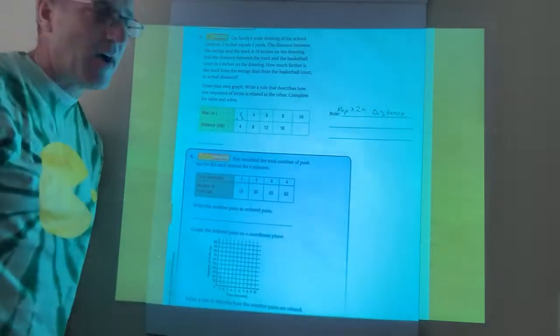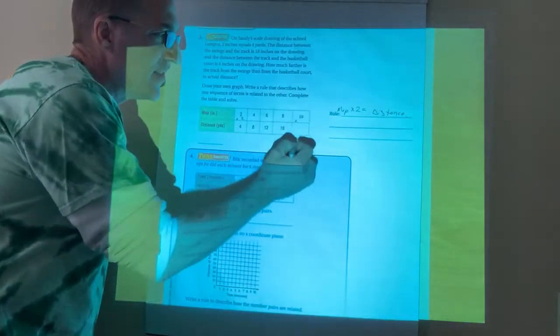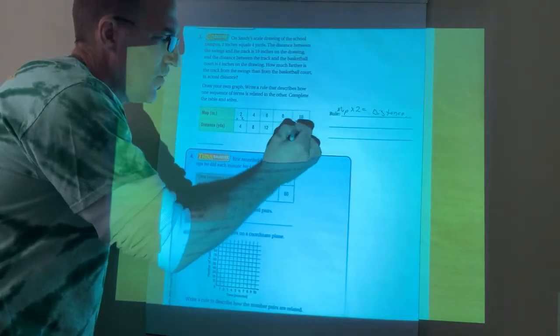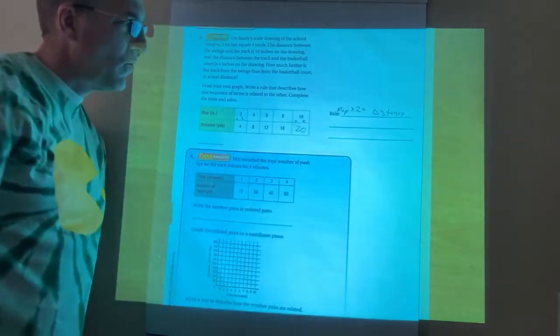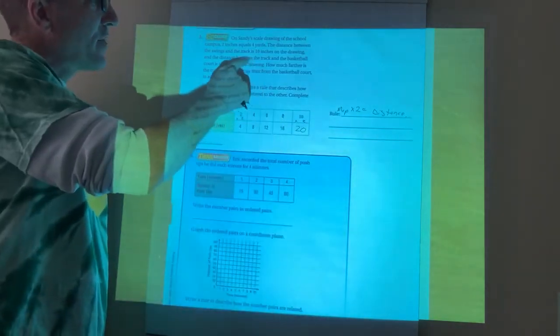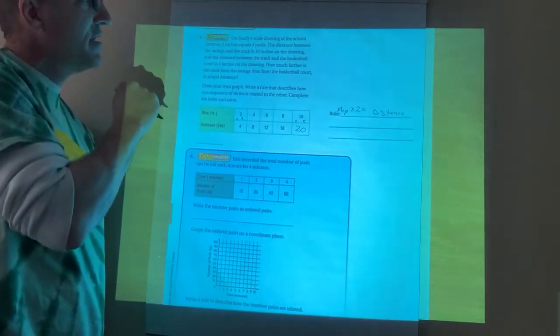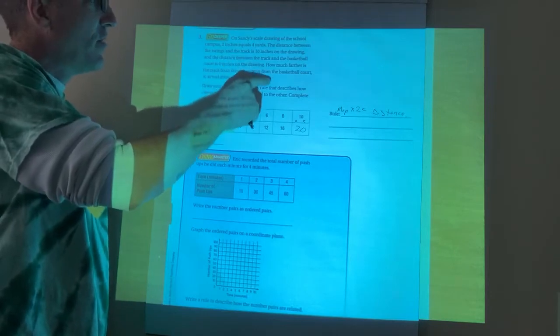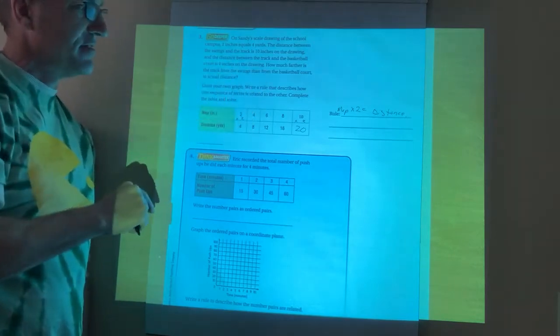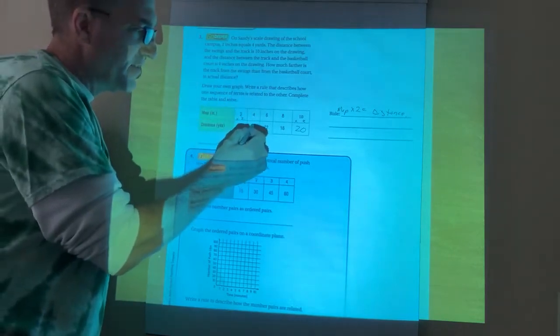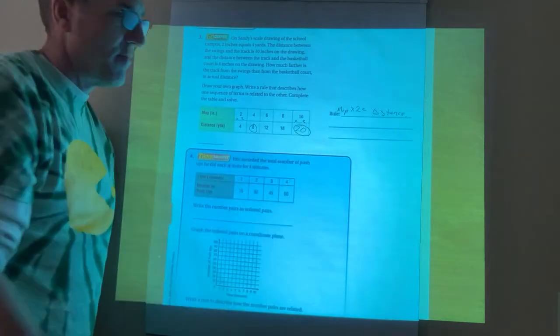Okay, that's my rule. So I'm gonna take 10, multiply it by 2, and I'm gonna get 20. So I've got 20 yards. So the distance between the swings and the track is 10 inches, and the distance between the basketball court and the track is 4 inches. So I'm gonna compare this number to this number.